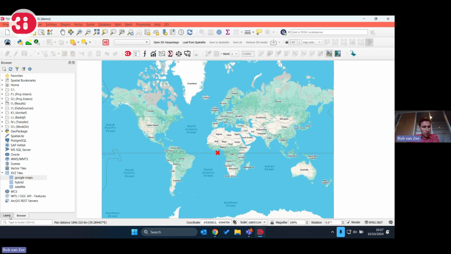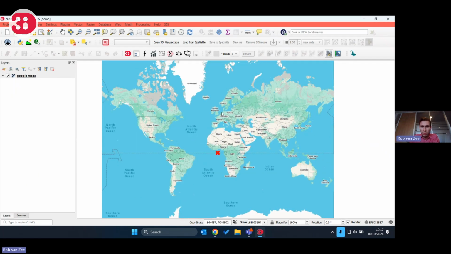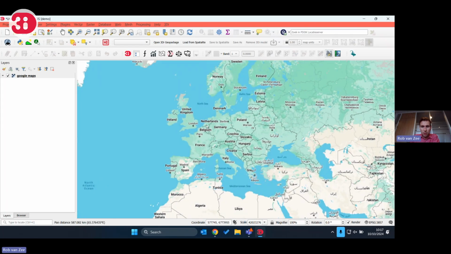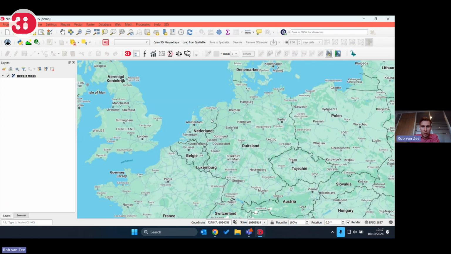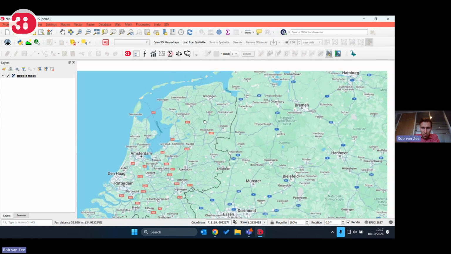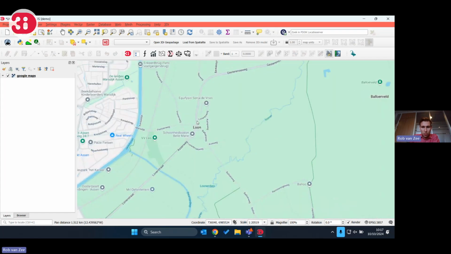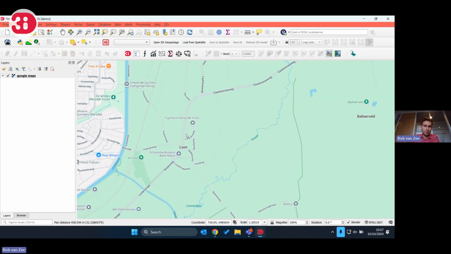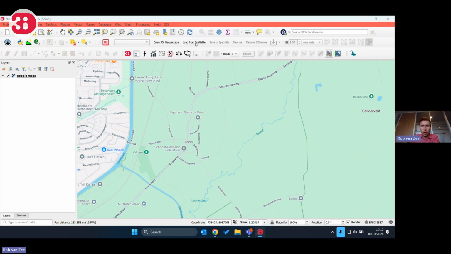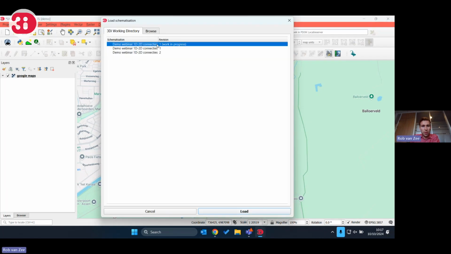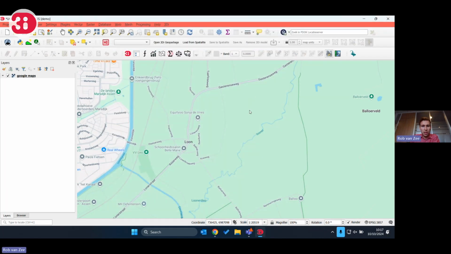a map. So Jonas already showed you a map of Assen, a certain case study we did. And we're also going to the northern Netherlands, to Assen, but then a bit more east to the village of Loon, because that's where I've got a demo model of. So I already have the model here. I'll load this schematicization in. It'll take a few seconds.